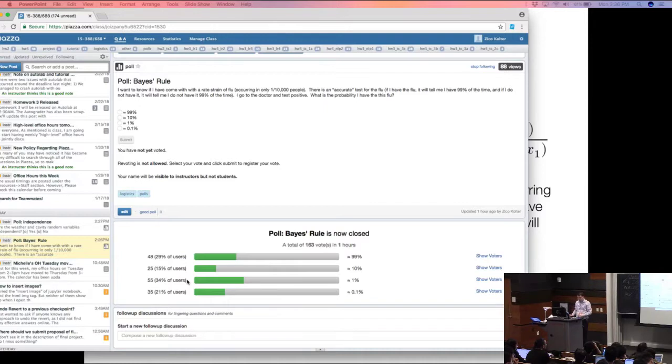And so for each one, the branches are going to split up. So the options where you have the flu are when you have it and it's correctly diagnosed, and when you don't have it and it's incorrectly diagnosed, right? So that gives you 99 over 100 times 1 over 10,000 plus 9999 over 10,000 times 1 over 100.